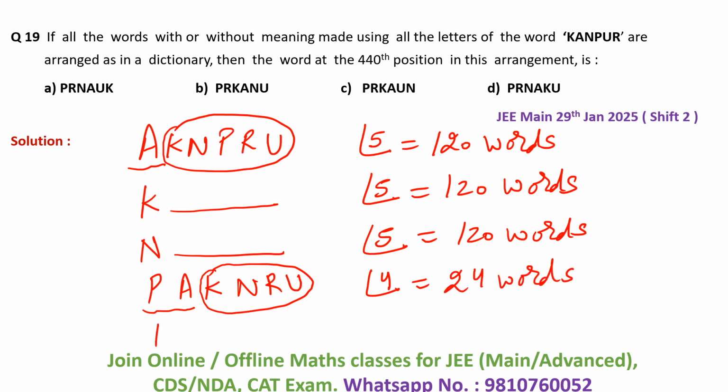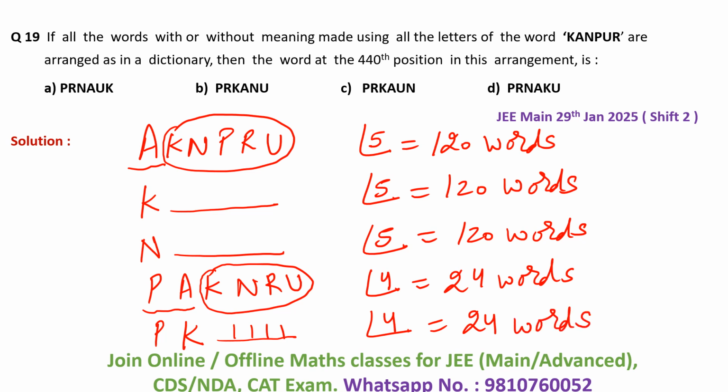Then in place of A, I will have now K. And again, the last four letters we have to permute. 24 such words, fine.